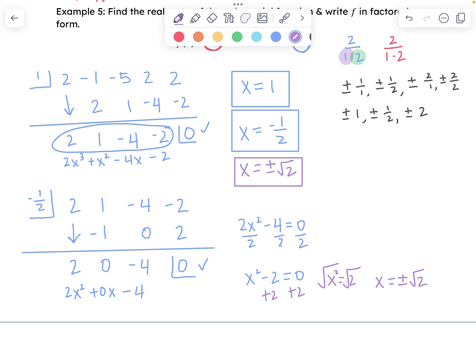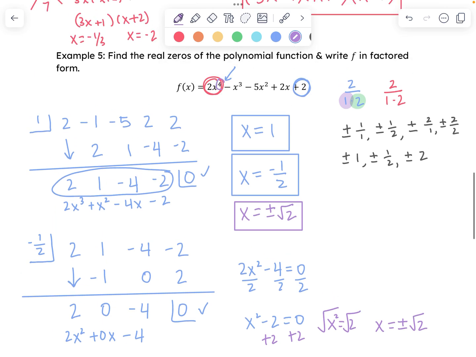If we talk about our answers, if we have it to the fourth, we should have 4 answers. So we've got 1, 2, and then the plus or minus gets us 3 and 4. That kind of checks out there. If we want to write it in factored form, if I have x equals 1, that would be x minus 1. X equals negative 1/2. Let me rewrite that a little bit nicer.